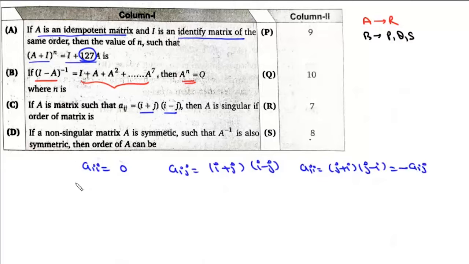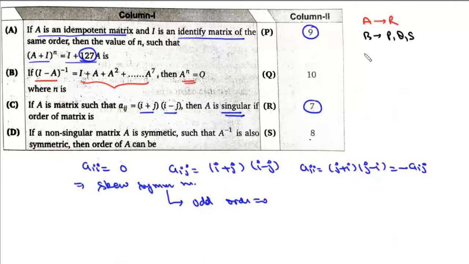That means this is a skew-symmetric matrix. Now we know that the determinant of a skew-symmetric matrix of odd order is equal to 0. So this matrix will be singular if its order is odd. And the odd entries here are 9 and 7. So this C matches with P and R.